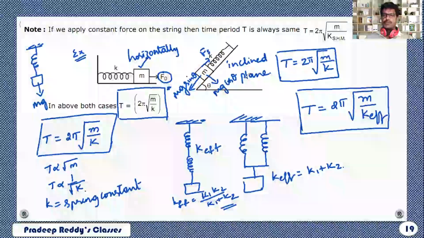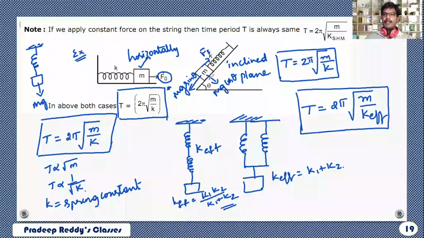So from all these examples, what you are able to understand is that time period only depends upon the mass of the body, whether it is horizontally placed, vertically placed, or on the inclined plane. There is no change in the equation for time period of a mass executing simple harmonic motion, because it only depends upon the spring force.